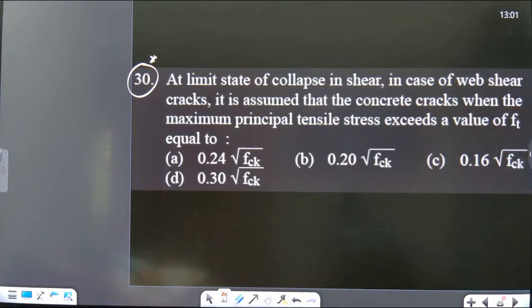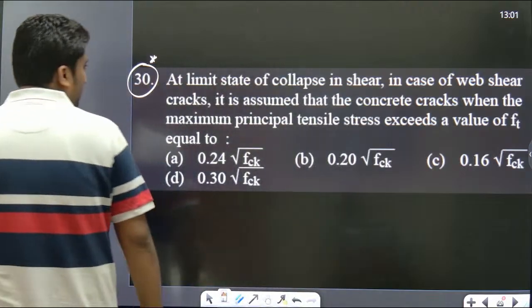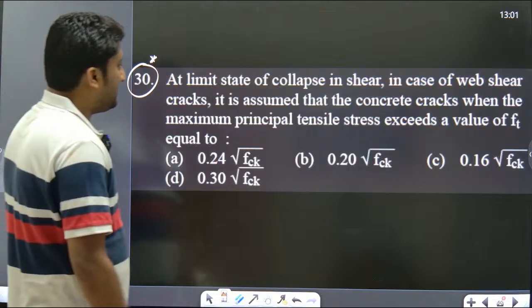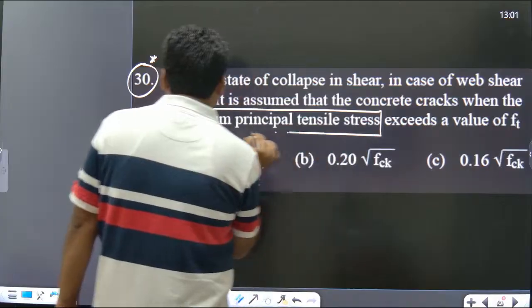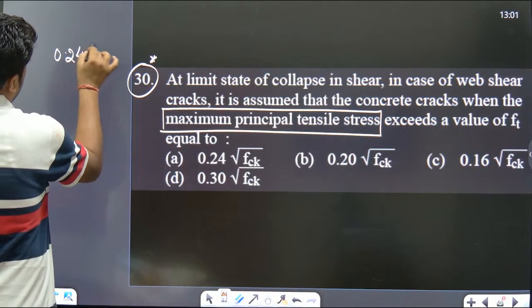Now answer this question. Please remember that at limit state of collapse in shear, in case of web shear crack, the concrete cracks whenever the maximum principal tensile stress exceeds 0.24 under root of FCK.